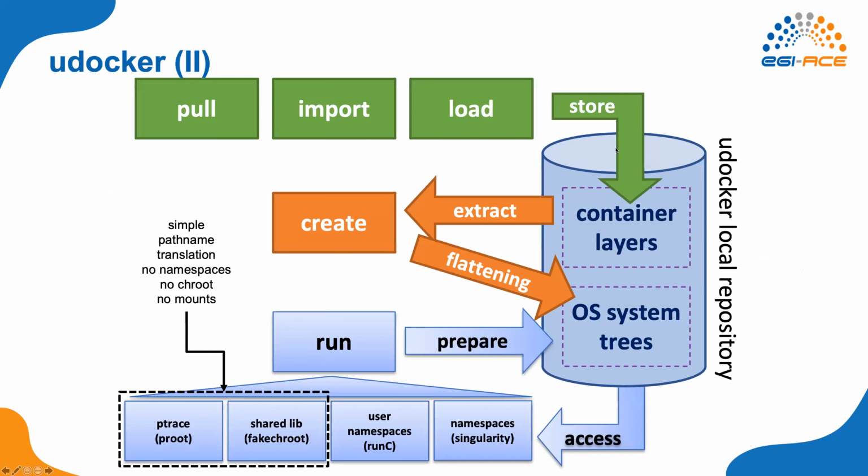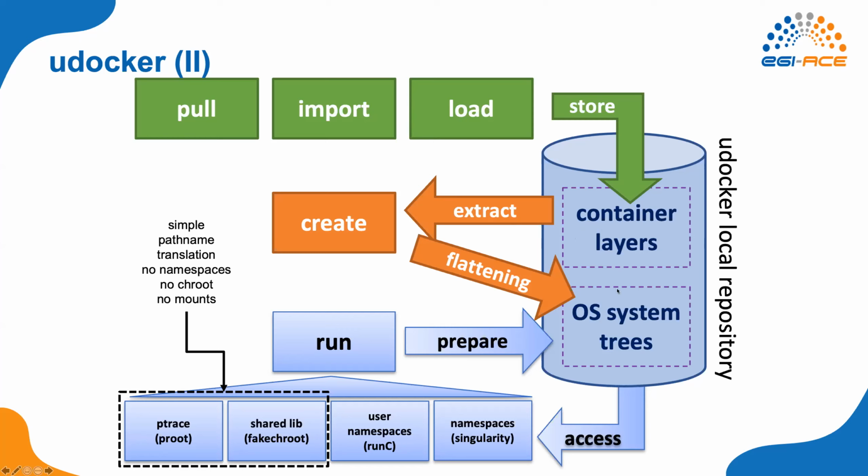So Udocker has an approach shown a bit here. Basically, you can bring images from a registry or from files, and you can bring them to your local repository. You can do it with the pull, import, or load commands. You can then create an image, which converts these layers into an operating system tree.